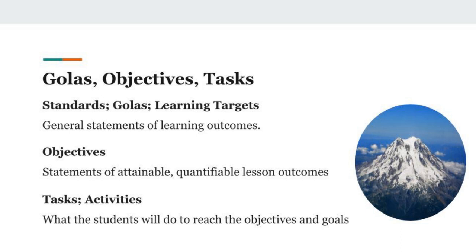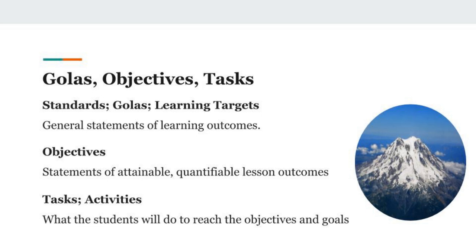Finally, there are tasks or activities that we engage our students in, hoping that they will reach the objectives and ultimately the goals. So, as you can see, tasks are in service of meeting the objectives, and objectives are in service of meeting the standards.